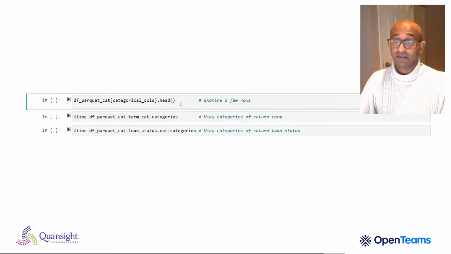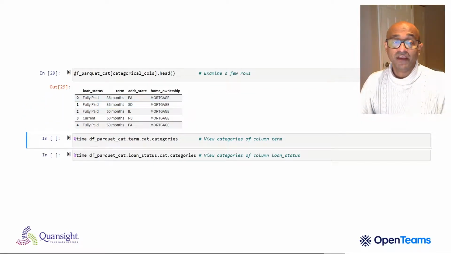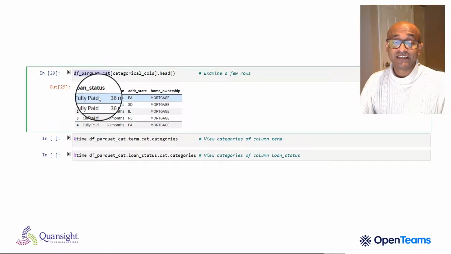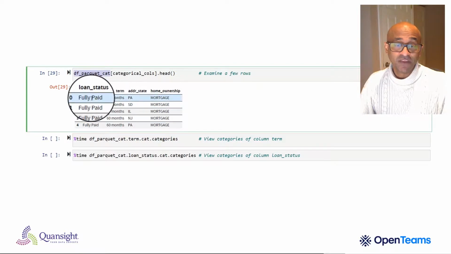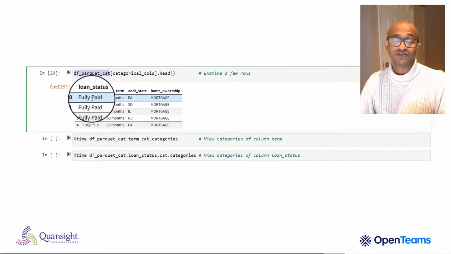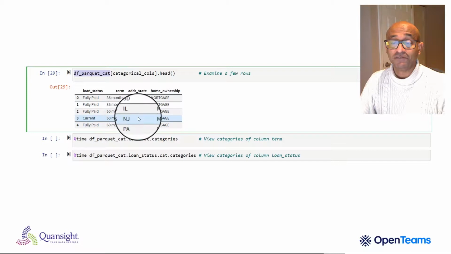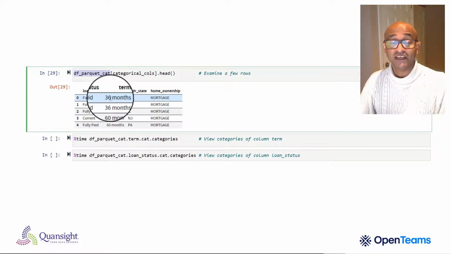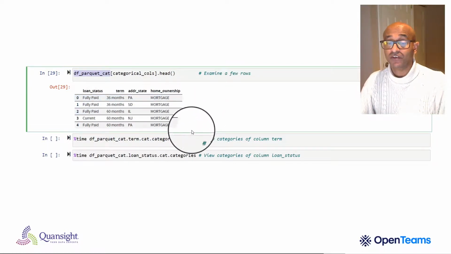We only have to move integers, which can be moved more efficiently. So in particular, if I take a look, I can examine the first few rows of my new categorized data frame, and I see these things. They use the metadata. These are really stored internally as integers, but the strings associated with each corresponding integer are known to the whole Dask data frame, so I can view them by whatever the original representation is, whether that's an abbreviation for a state, or 36 months or 60 months for the term column and so forth.